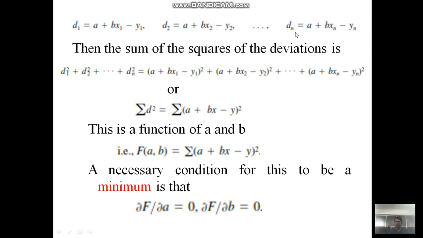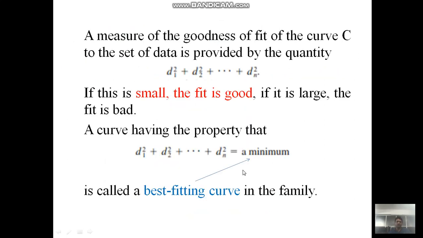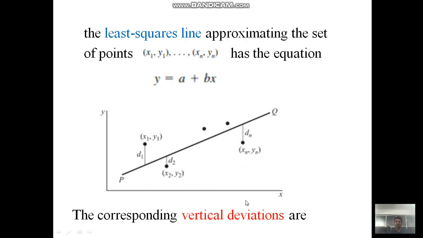By rearranging, we get a plus bxn minus yn. But our aim is to minimize the sum of all di square, because the minimization of the sum of all di square represents the best fitting curve.